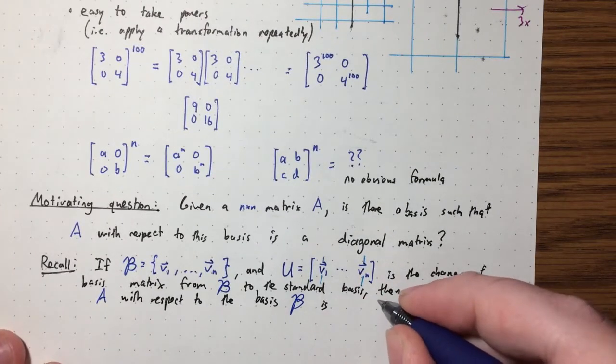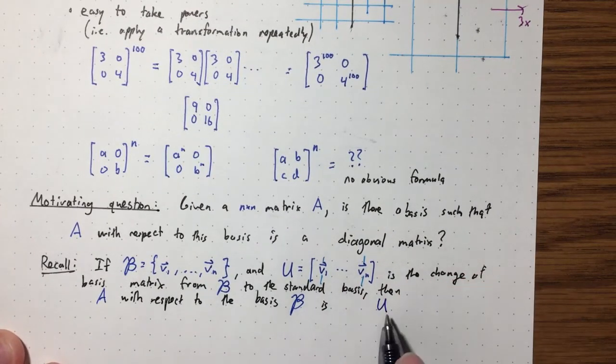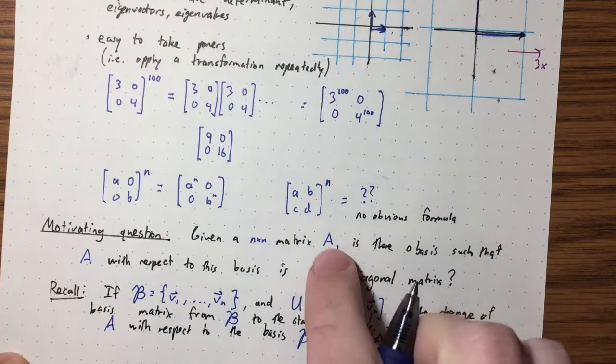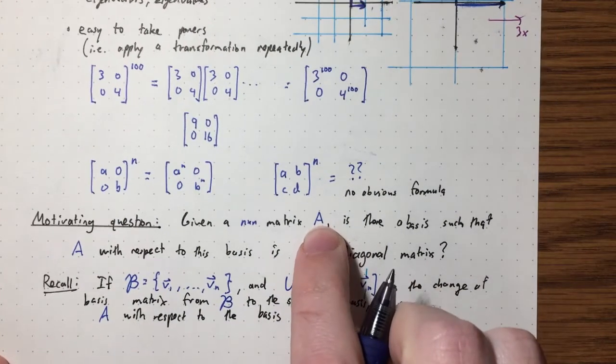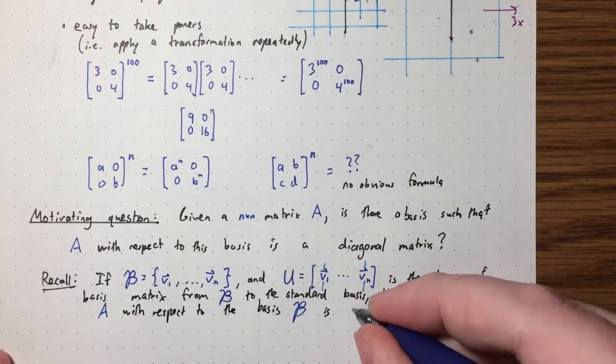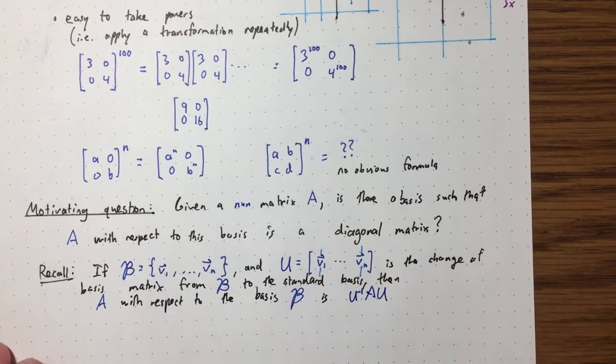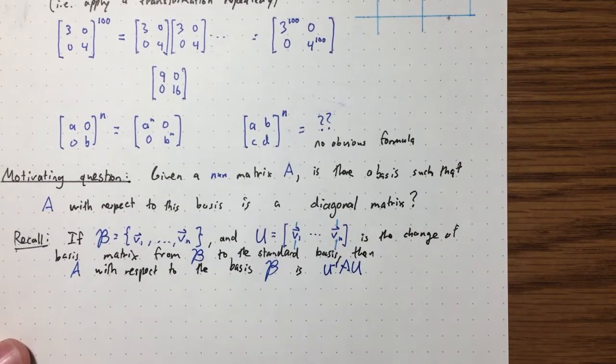Well, we change the basis from script B to the standard basis. Then we apply the linear transformation given by A. And then we switch back to the basis B. So it's U inverse A U.